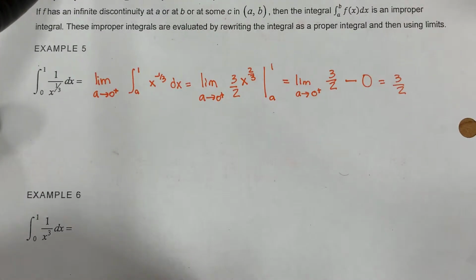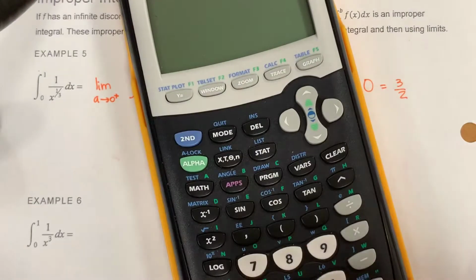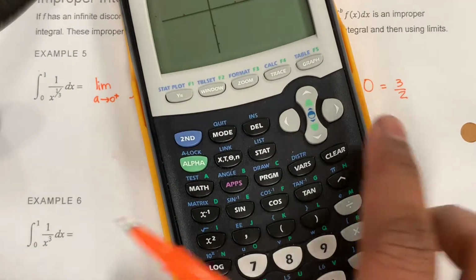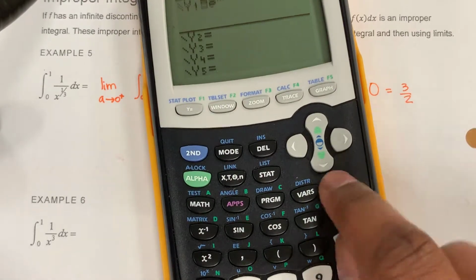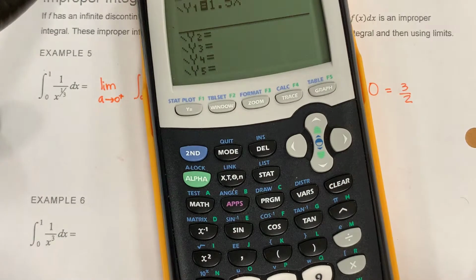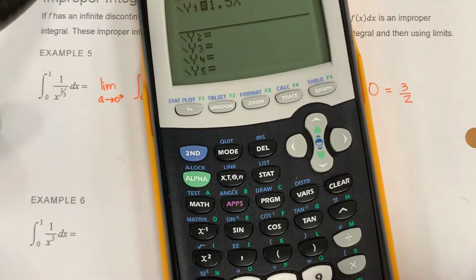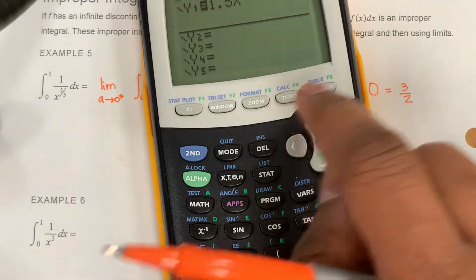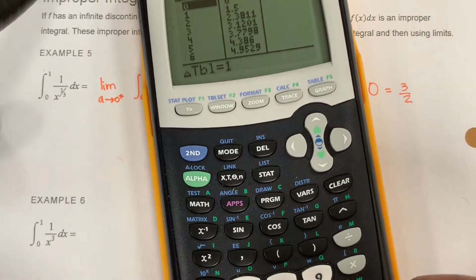Even conceptually, if we could not substitute in 0, one of the things that we could do is look at this graph or look at the table, which is even more helpful. We'll have 1.5 x to the 2/3, and we'll look at a table instead. So we're going to increment by 0.01.